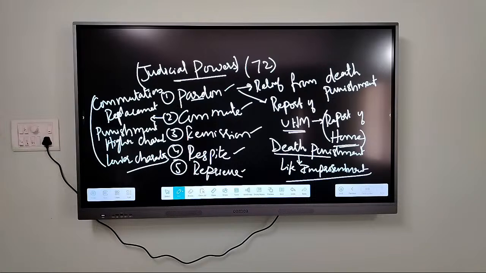That means the higher punishments are replaced by lower punishments.